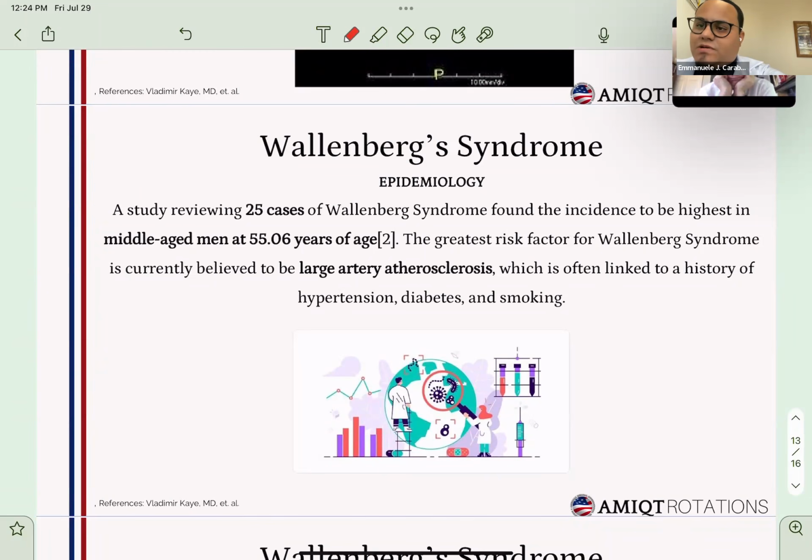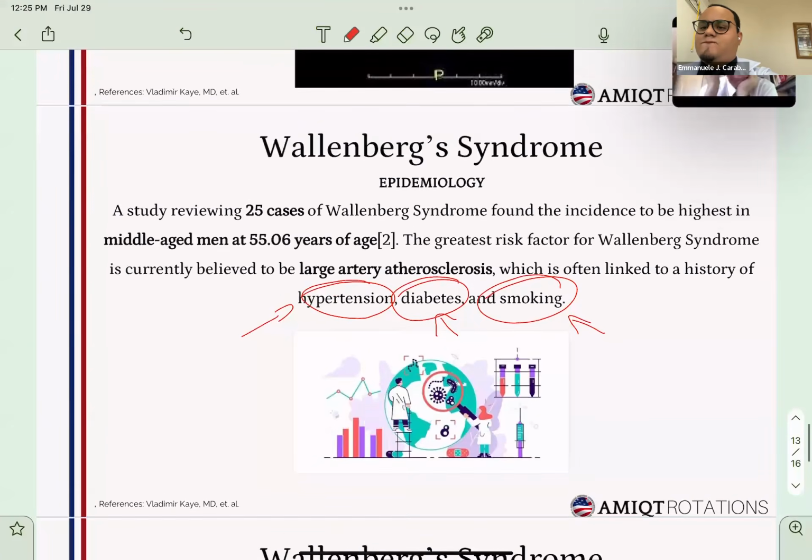Usually these people have hypertension, diabetes, and they smoke. Our patient had a history of hypertension, diabetes, and smoking too. So he literally had all the risk factors to develop this kind of ischemic event.